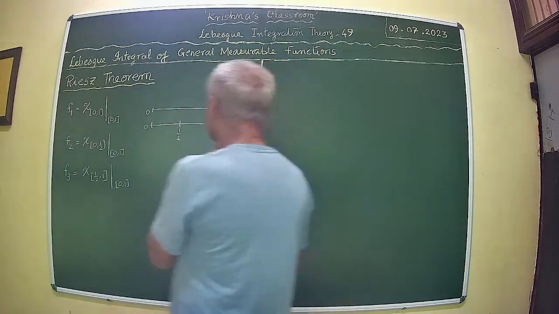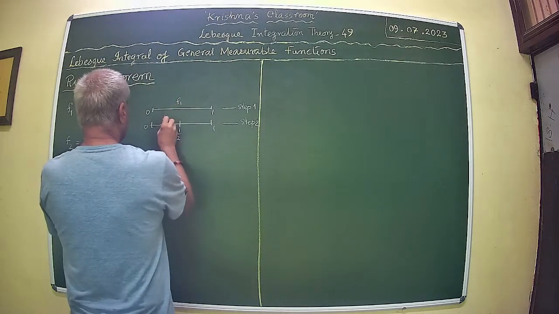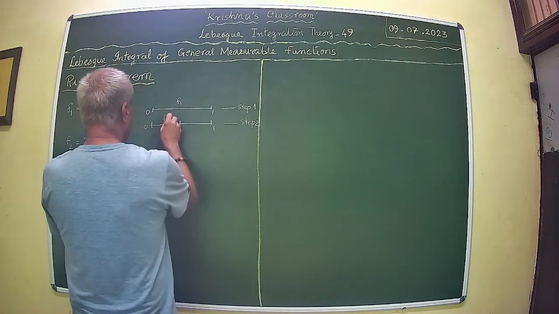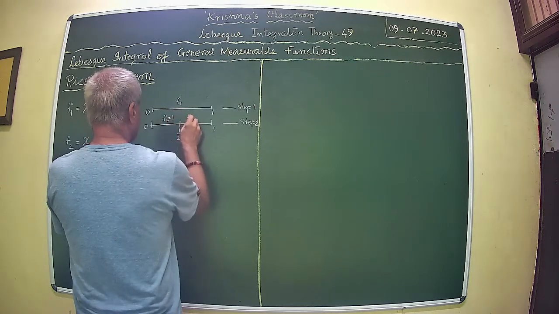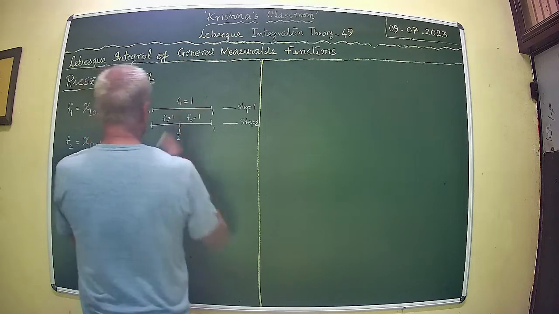So two functions are constructed. So you have f1 here, f2 equal to 1 here, f3 equal to 1 here, elsewhere 0, everywhere.